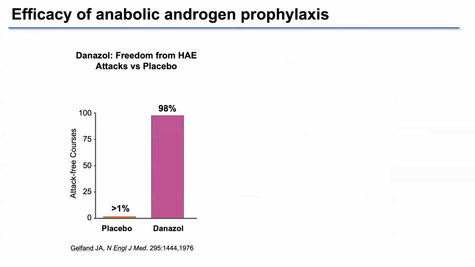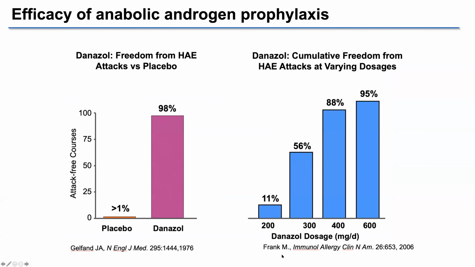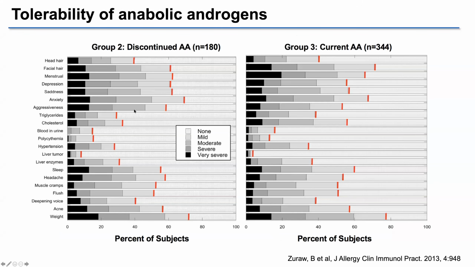In terms of anabolic androgens, everybody knows Mike Frank's New England Journal paper showing that danazol was very effective, but this was 600 milligrams. When Mike went back and looked at different doses, we no longer use 600 milligrams a day. If he looked at 200 mgs a day, which is the top dose that we use today because of safety reasons, it's not nearly as effective.